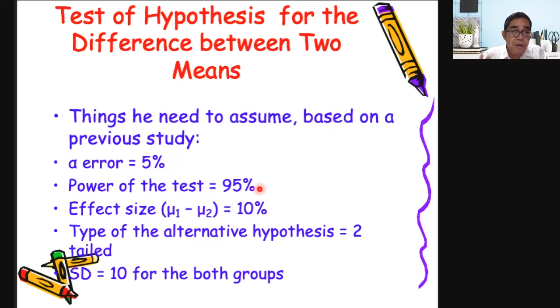If the power of the test is high, 95%, for example, the sample size will be high. And then the effect size, which is 10%, is the effect size that the researcher thinks has a clinically significant difference. And then the alternative hypothesis is two-tailed, and the standard deviation of 10 is taken from previous studies.